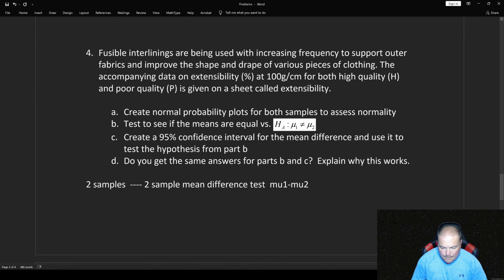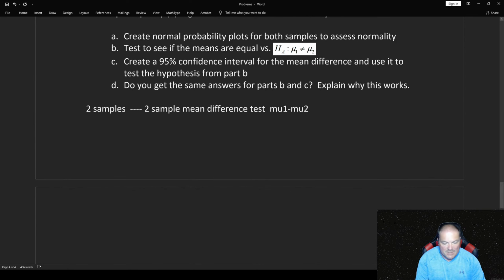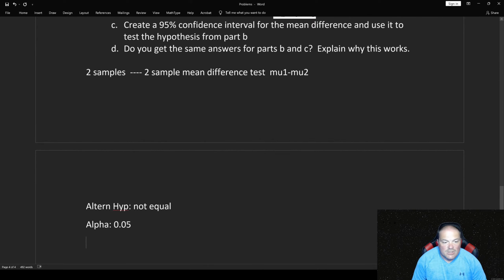In this particular case, our alternative hypothesis is going to be not equal. Alpha, again, 0.05.